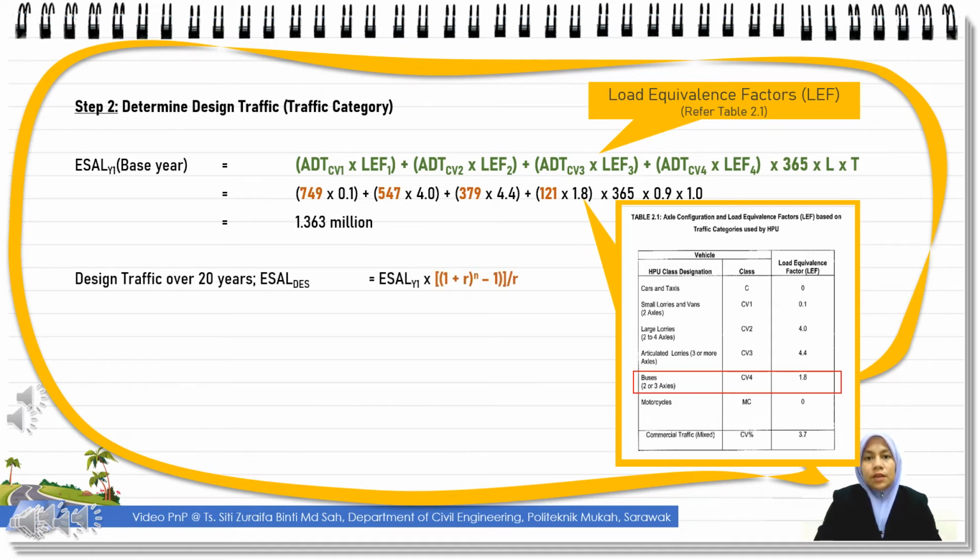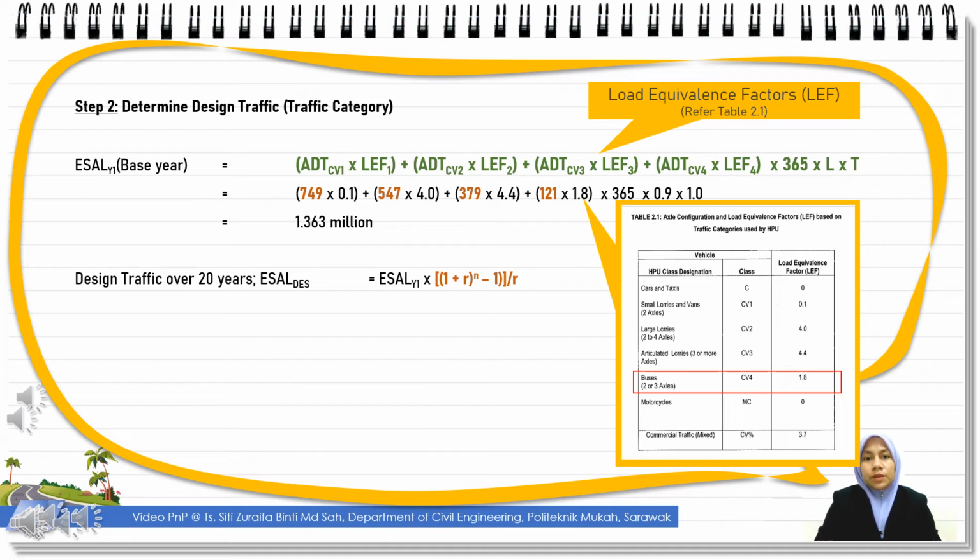After you get the number of axles for the design lane and base year, you must continue to design traffic over 20 years, the design axles, by using the following formula. From this question, the value of TGF does not need to refer to table 2, because the value for annual growth is not in the table.